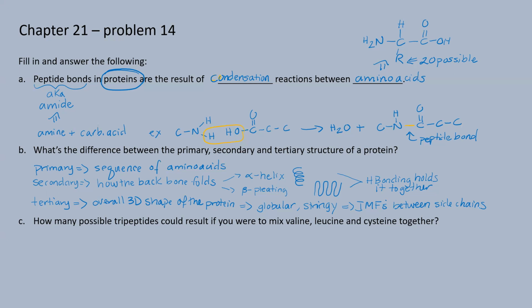Part C, how many possible tripeptides could result if you were to mix valine, leucine, and cysteine together? These are names of amino acids, and tripeptide means that you only have 3 amino acids in the chain.